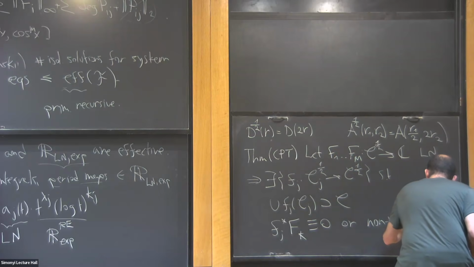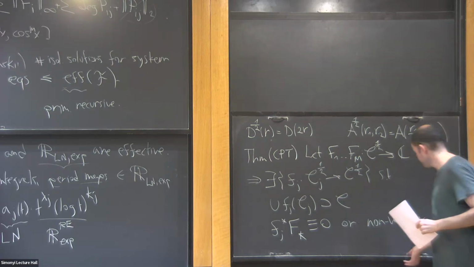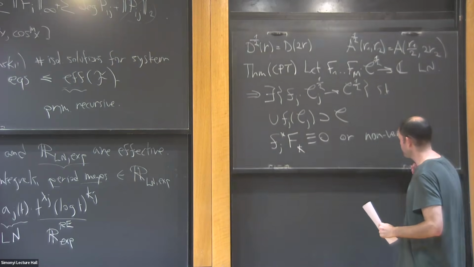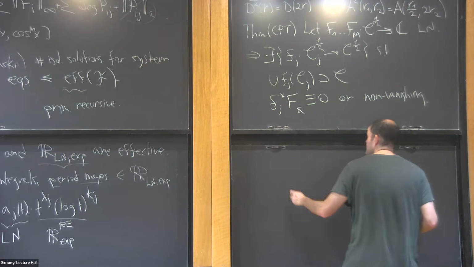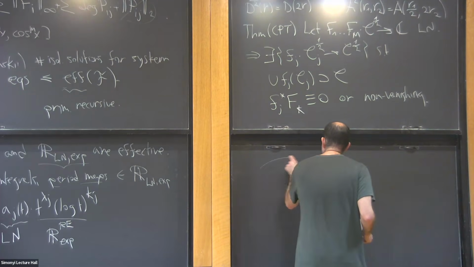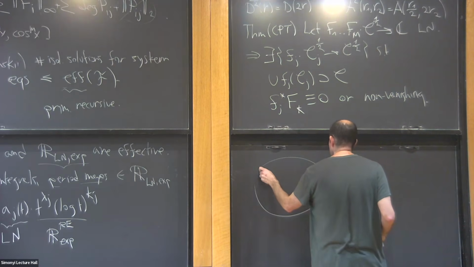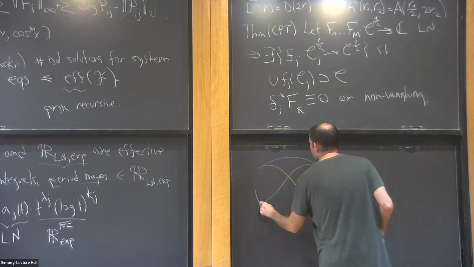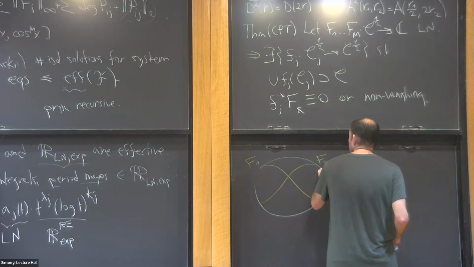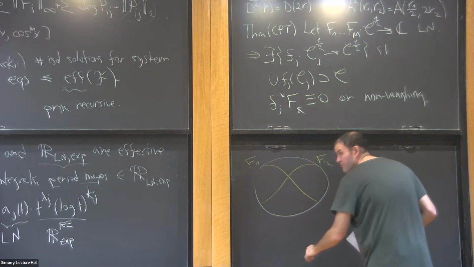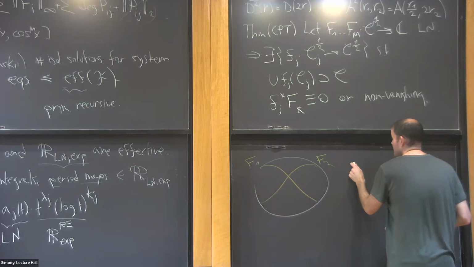So let me tell you what it means in a picture, because it's a bit hard to do in math. So basically what I'm doing is I'm taking a cell. So I have a cell C, and inside I have the zeros of a bunch of functions. I have like F1, F2. And what I'm saying is that you can now find cells that will cover this whole thing. So I can find a bunch of cells.